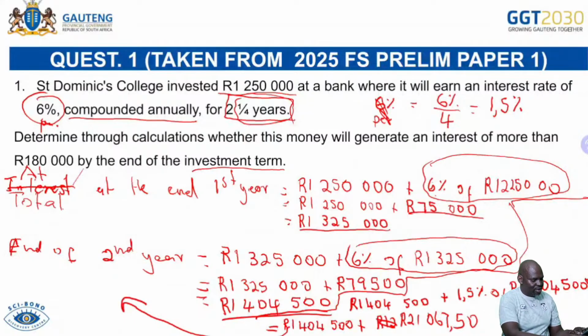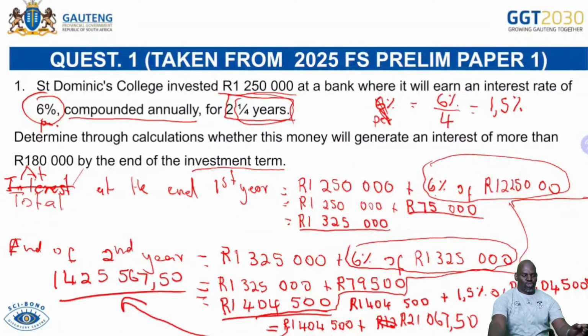Then it's 21,067.5 plus 1,404,500. Okay, so in the end I get 1,425,567.50. Okay, so this is the total.